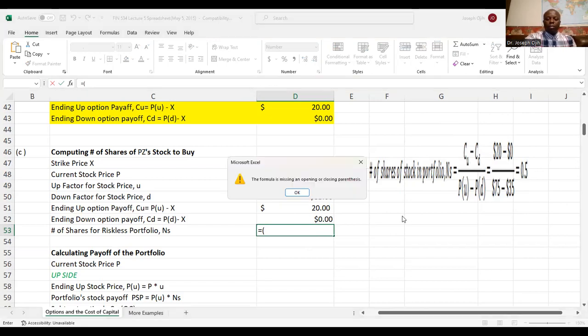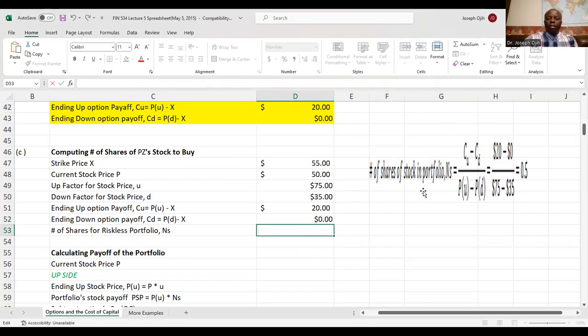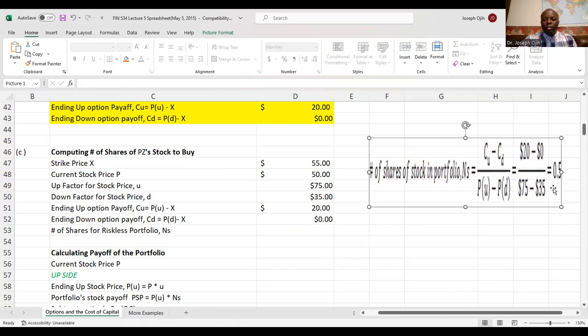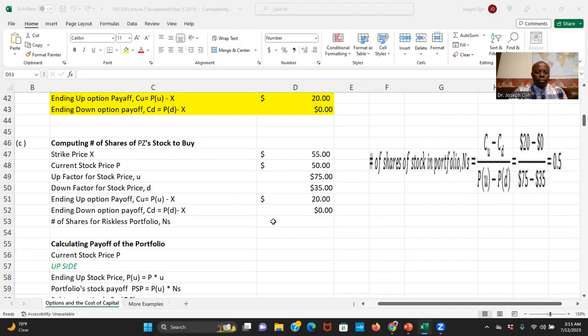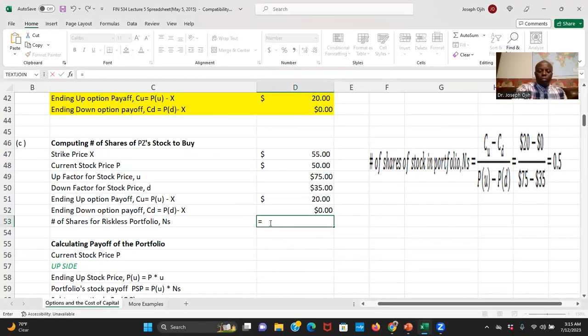Let me make it a little bit bigger so you can see the formula very clearly. Let's make sure you see this. All right, so let's do it. Equal CU, which is the CU we have here, 20, minus CD, which is 0, this one here, divided by PU, which you can find from here.